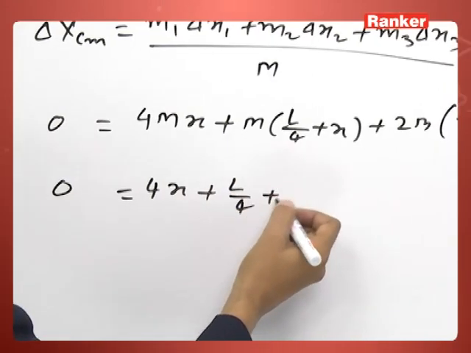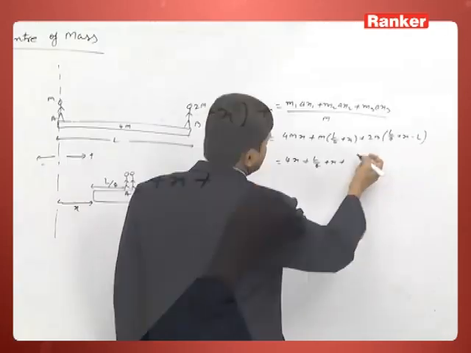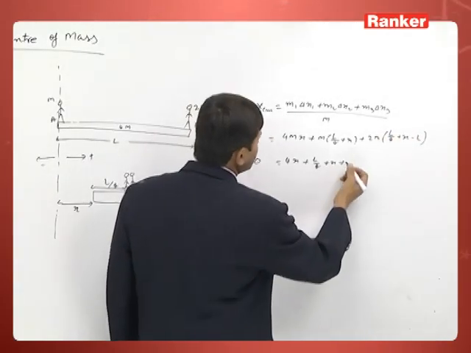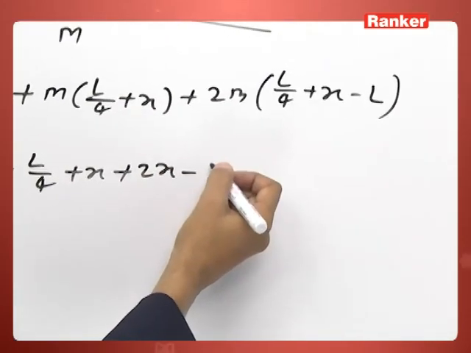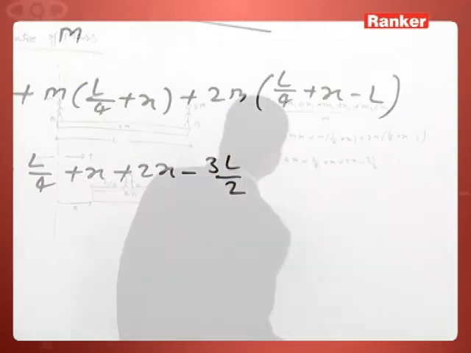To simplify, 4x plus L by 4 plus x plus L by 4 minus L, minus 3L by 4, 2x minus 3L by 4, 3L by 2.